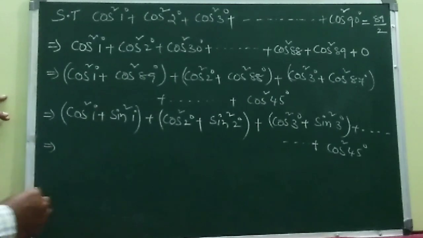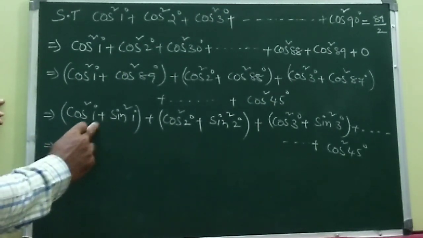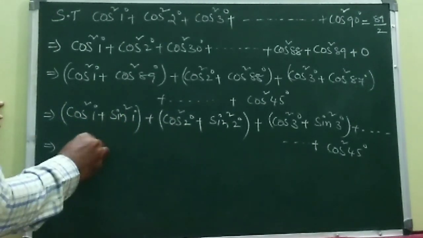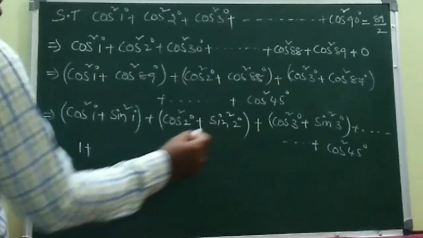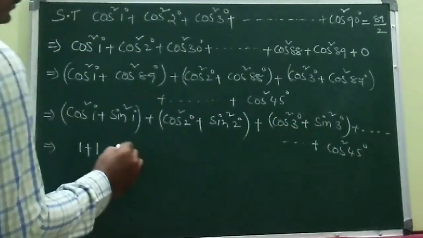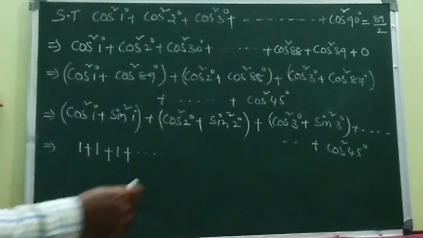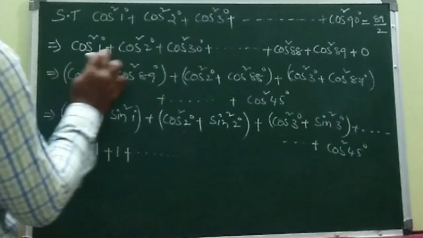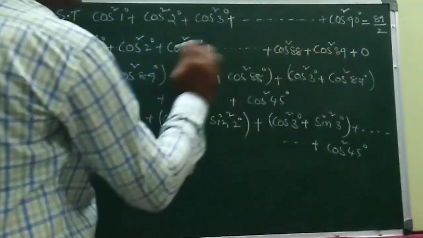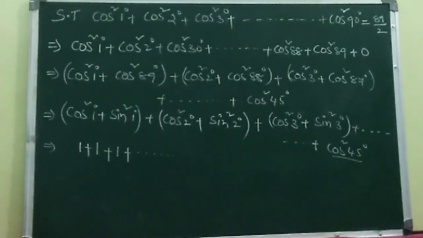So now you see clearly, this is a standard result, cos square theta plus sin square theta. I mean this value is 1, plus even this is also a standard result, 1, plus the third pair is also 1, plus, you know how many times like this? Actually there are 1 to 89 terms. In these 89 terms, one term is separated, cos square 45.